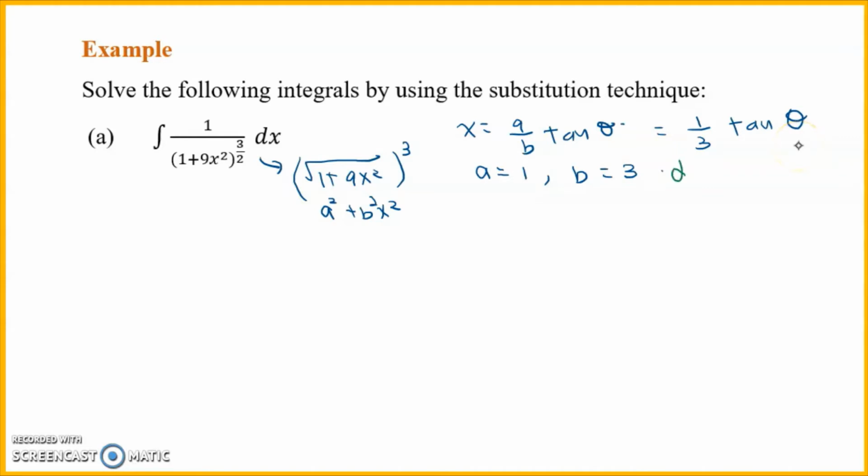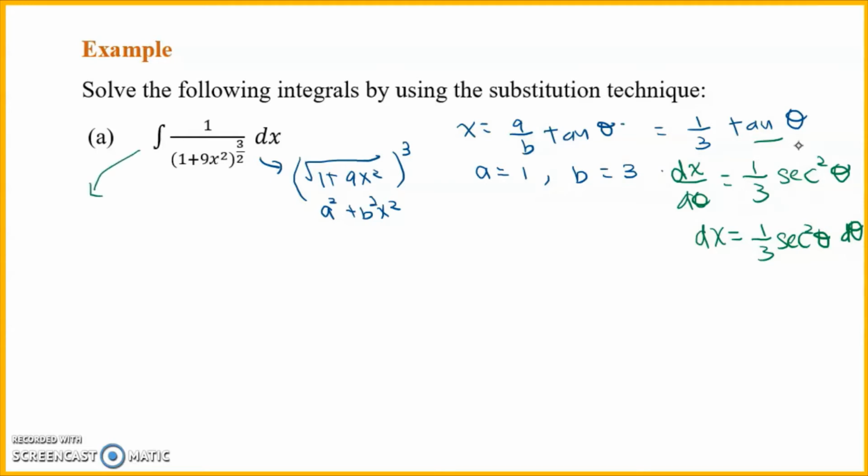If we find the differential, the derivative of tangent theta actually gives us secant square theta. So dx is going to equal 1 over 3 secant square theta d theta. And now we can substitute all the information into this problem.